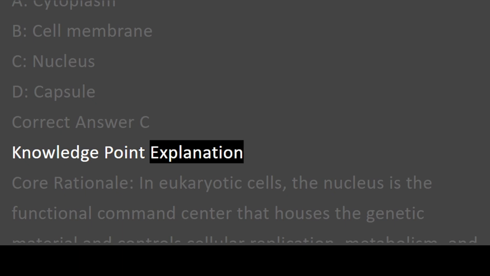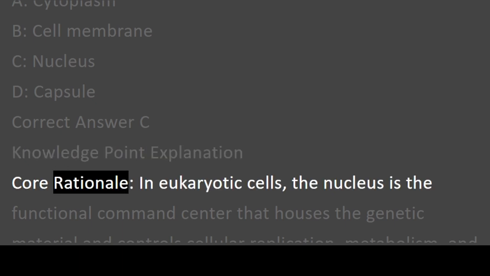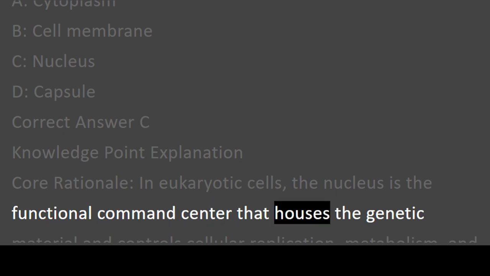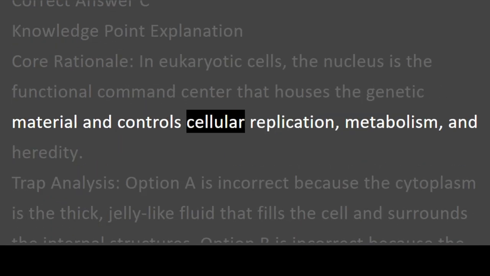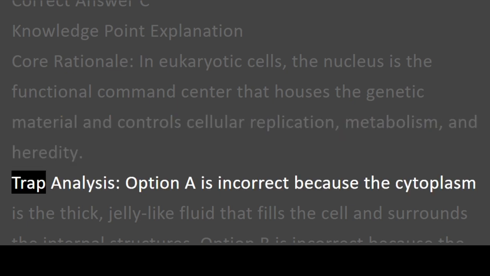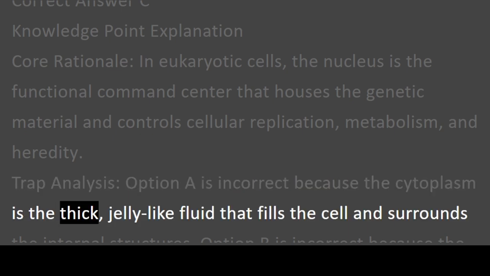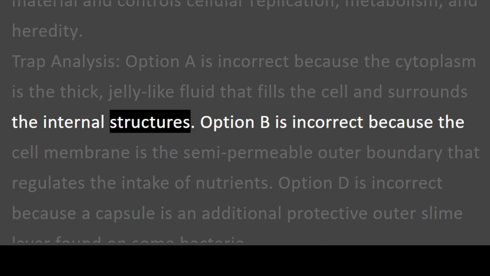Knowledge point explanation. Core rationale. In eukaryotic cells, the nucleus is the functional command center that houses the genetic material and controls cellular replication, metabolism, and heredity. Trap analysis. Option A is incorrect because the cytoplasm is the thick, jelly-like fluid that fills the cell and surrounds the internal structures.